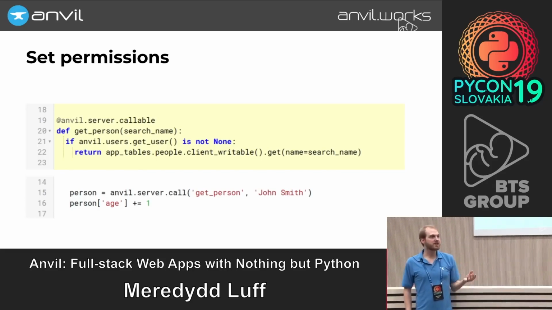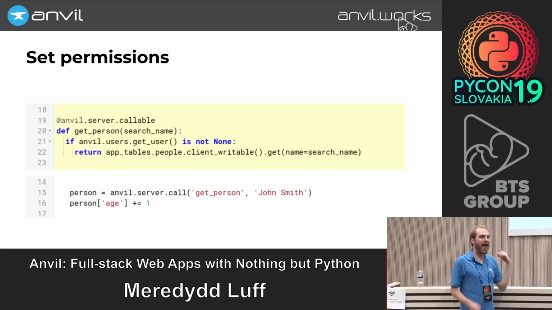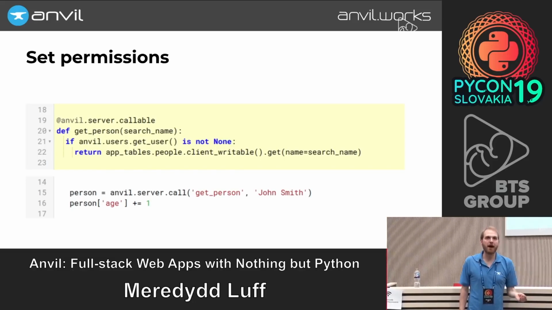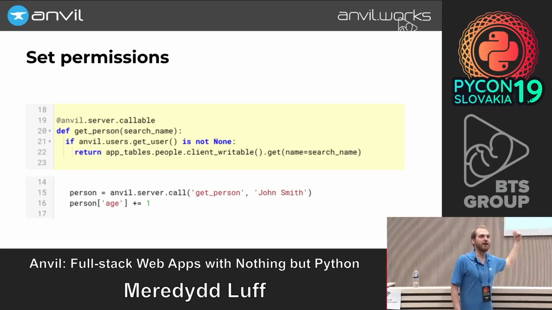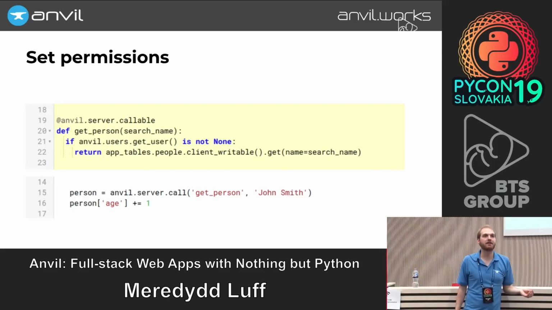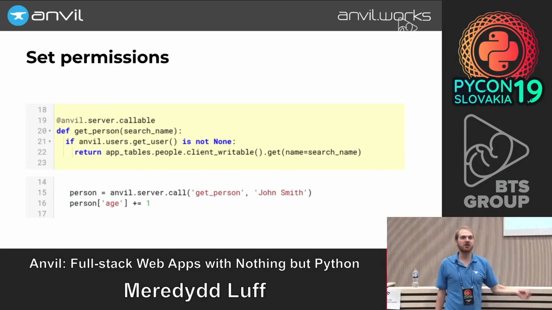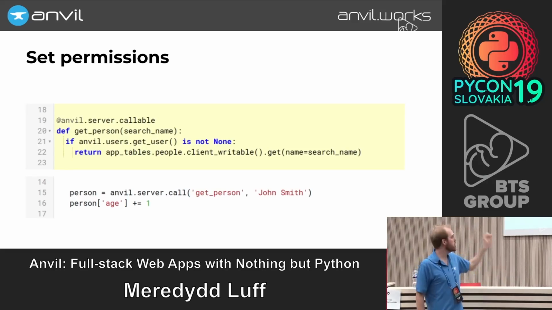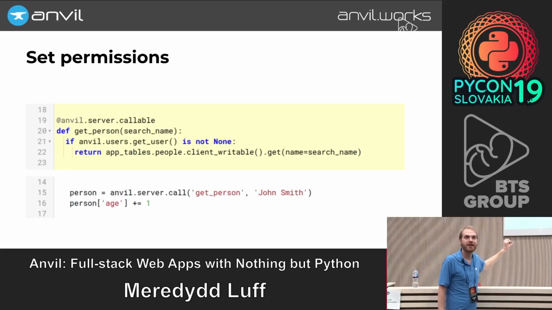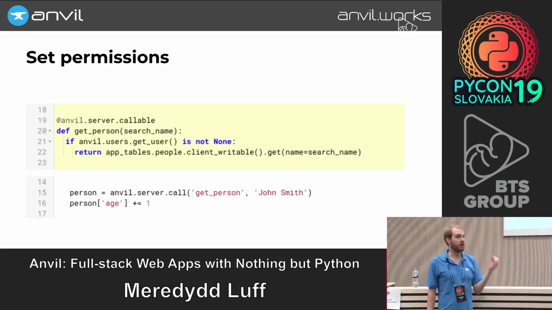This means that we can edit the database from the browser. We can edit the database from the code that handles button clicks. In a traditional web application, every operation you want to perform, you need to implement at every one of those 5 layers. Sorry, 6 layers even. And here, we can just do it from our button click handler. That's going to save you a lot of work.